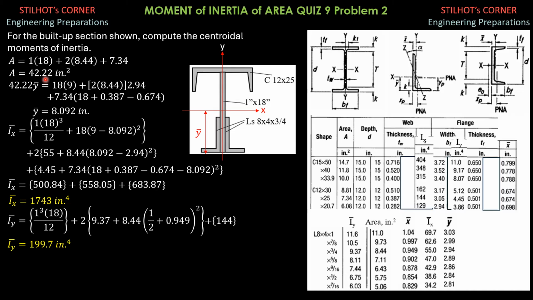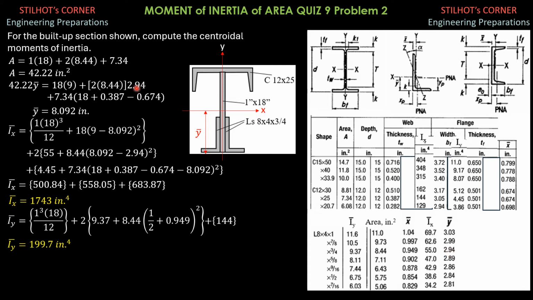Then we apply Varignon's theorem. 42.22 times bar y equals the area of the rectangular plate, which is 18, times half of 18 inches, which is 9 inches. So bar y1 of the rectangular plate is 9 inches. Then plus 2 times 8.44 for the angles, times bar y of the angle 8 by 4 by 3/4, which is 2.94.